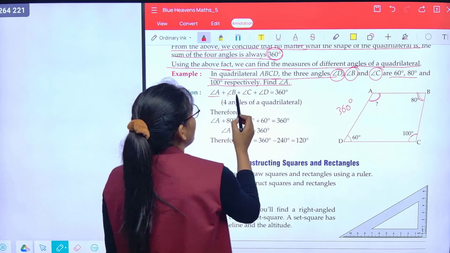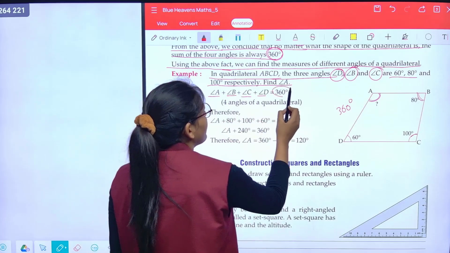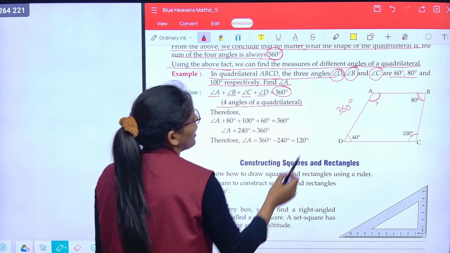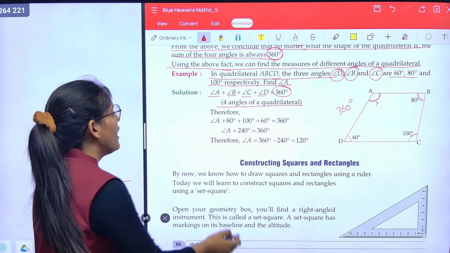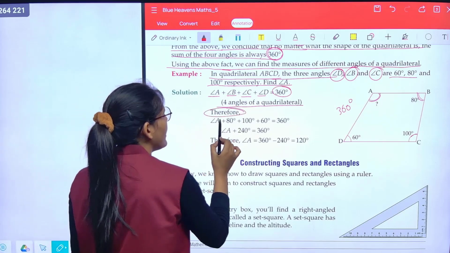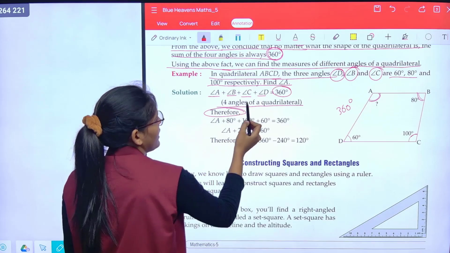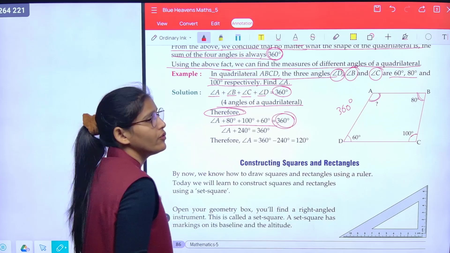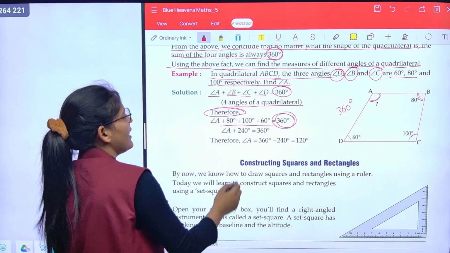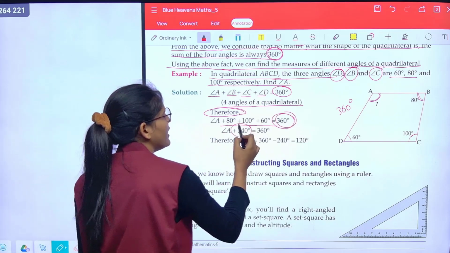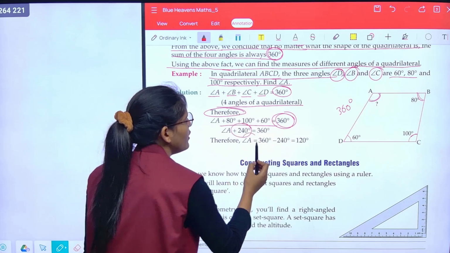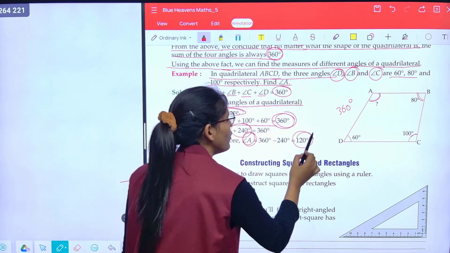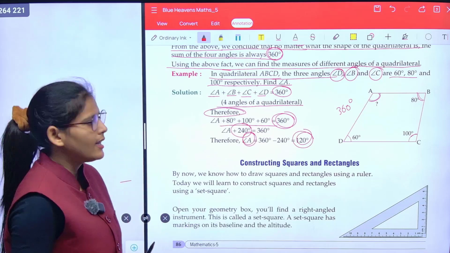Now angle A plus angle B plus angle C plus angle D is equal to 360 degree, four angles of a quadrilateral, as I told you. Now we put in the values, and on the other side we kept 360 degree. Then we added them to get 240 degree and subtracted it. So the value of angle A is equal to 120 degree. Easy, class.